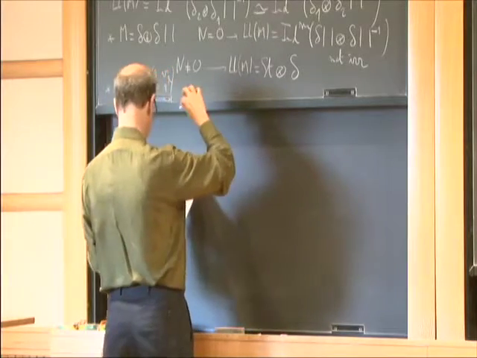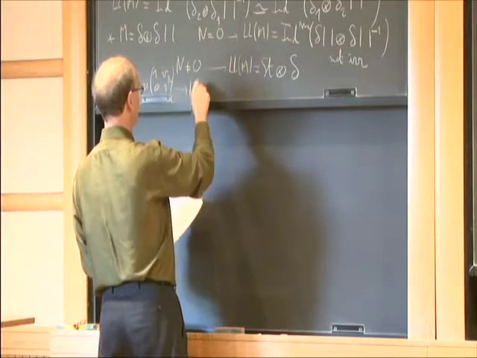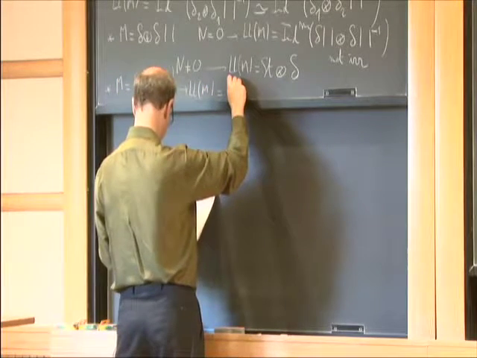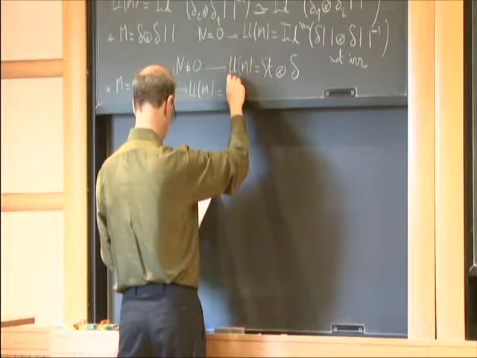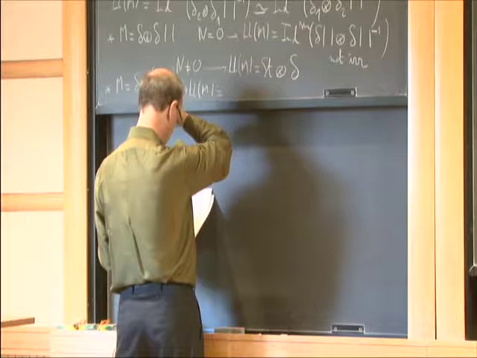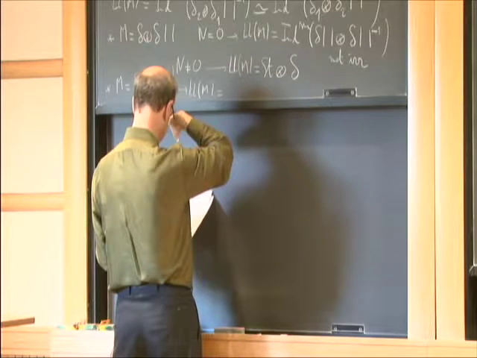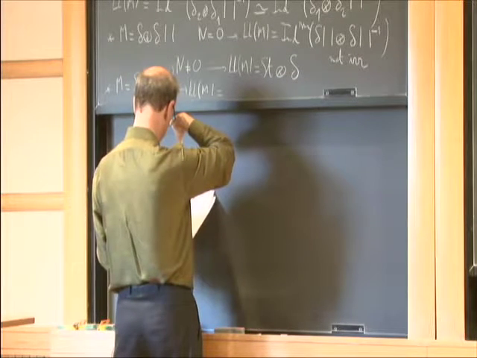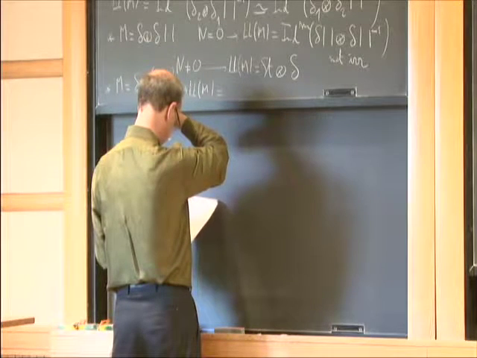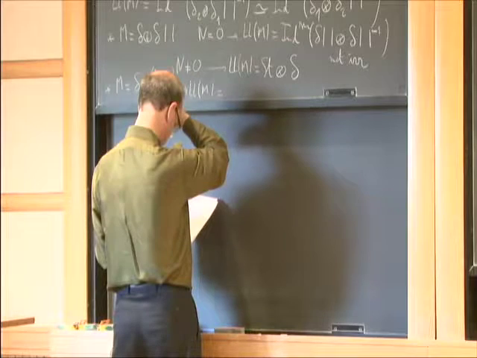And then the local Langlands of M is just going to be some induced. So what is it in that case?